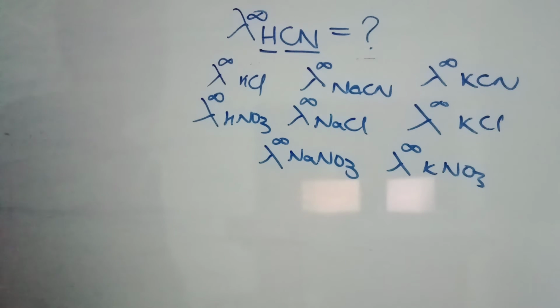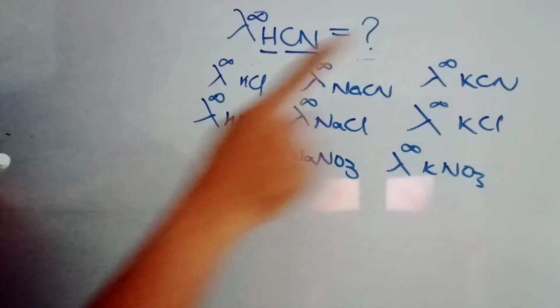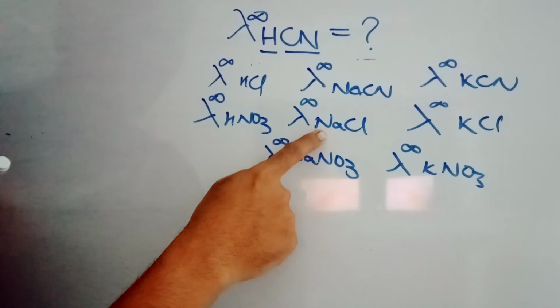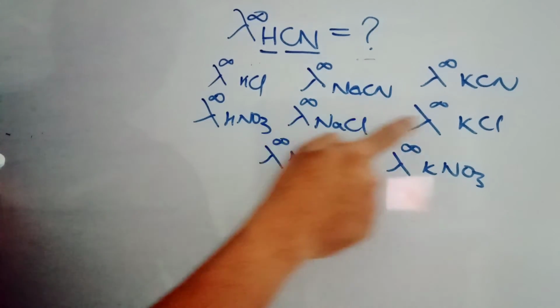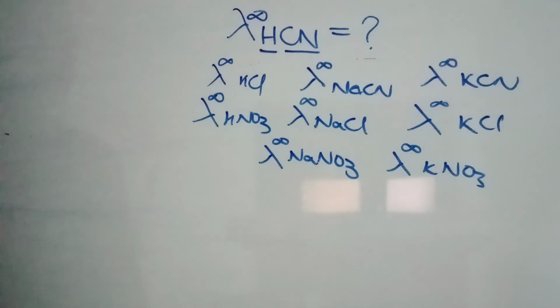Let us see this question. Lambda infinity of hydrogen cyanide is asked, and there are plenty of values mentioned: lambda of HCl, NaCN, KCN, HNO3, NaCl, and lambda infinity of KCl, NaNO3, KNO3. All these values are there. So what are the possibilities? How many values can you use?